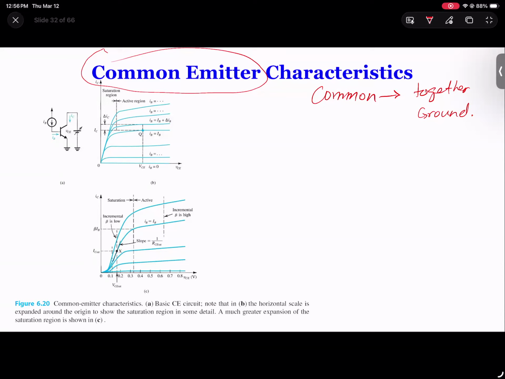If I say common collector, what does it mean? The collector is grounded. If I say common base, the base is grounded. If I say common source, the source is grounded. However, there's one thing you have to be careful about. Common typically refers to AC, in the context of this class. So you might ask, how can you ground a collector? Well, the collector is not grounded for DC.